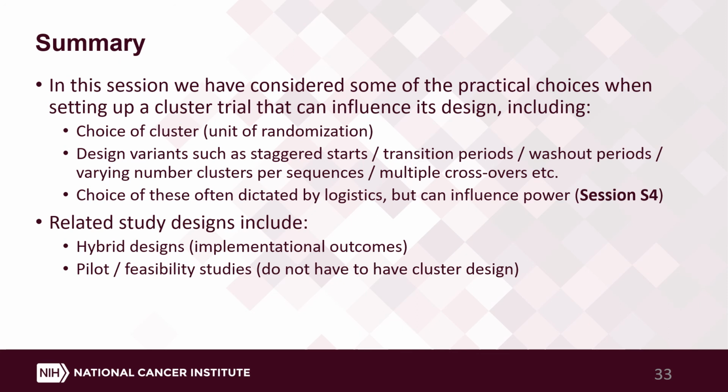We've only considered these choices from a logistical perspective in this session. But these choices also have important influences on study power, or what we might call statistical efficiency, and we'll come back to looking at these again in session 4.